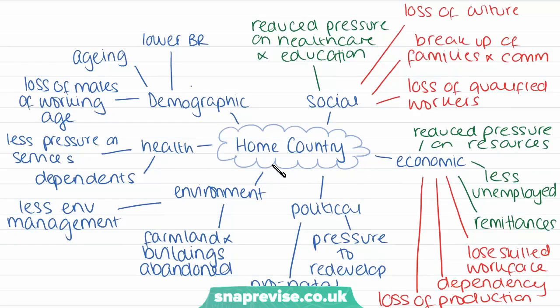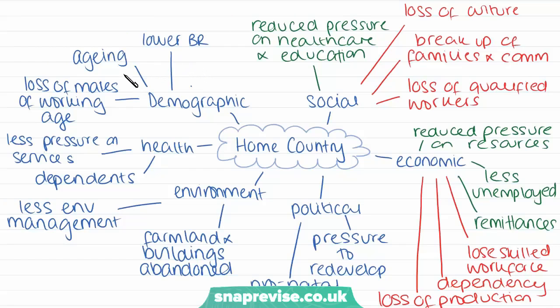So with regards to the home country, I'm going to divide the impacts up into social, economic, political, environmental, health and demographic consequences. So in terms of the demographics of the home country, which means the population statistics, they will suffer from lower birth rates, and people of childbearing age are the ones that are going to be leaving the elderly people behind.